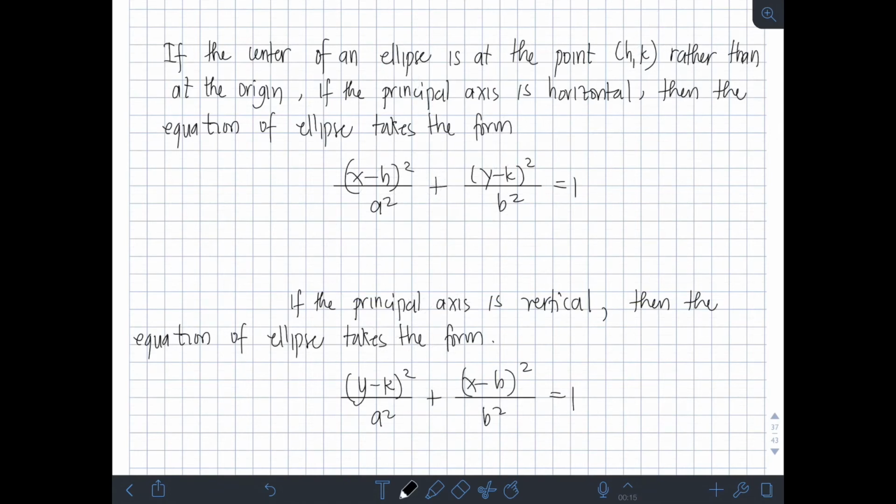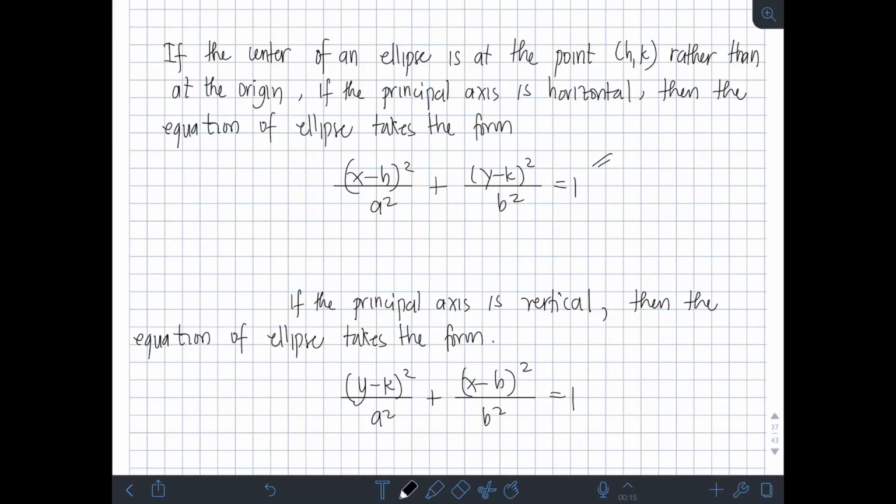Okay? Now, aside sa center at the origin, ay pwede ring matranslate sa ibang center yung ating ellipse. Let's say at center, point h, k. So, sabi, if the center of an ellipse is at the point h, k, rather than at the origin, if the principal axis is horizontal, then the equation of the ellipse takes the form quantity x minus h squared over a squared plus quantity y minus k squared over b squared equals 1.